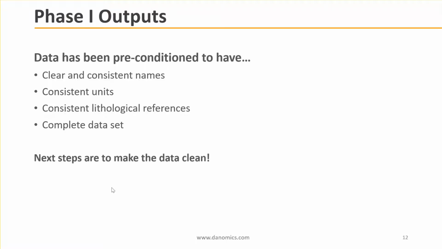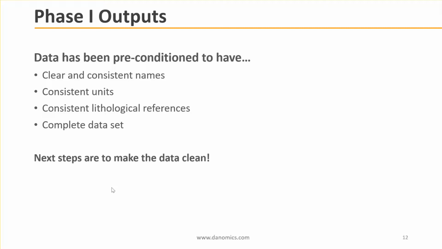So once we have gone through those steps, our data has been preconditioned to have clear and consistent names via the curve aliases, consistent units as we have gone through and done the conversions there, consistent lithological references as we have analyzed for the reference that it was logged in, and then finally we've made sure that it's a complete data set.